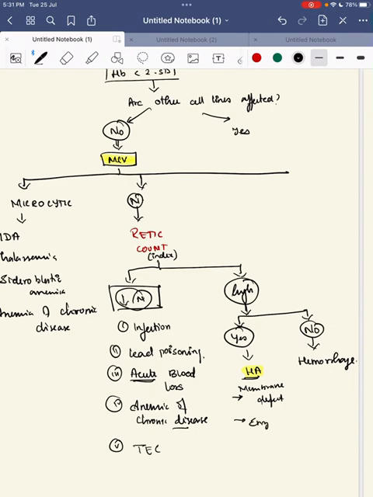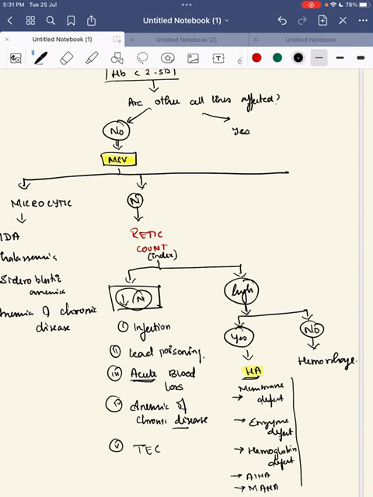Or enzyme defect: G6PD deficiency or pyruvate kinase deficiency. Or hemoglobin defect: thalassemia or sickle cell anemia. These are intracorpuscular. Extracorpuscular can be autoimmune hemolytic anemia or microangiopathic hemolytic anemia. So these are the causes of hemolytic anemia.